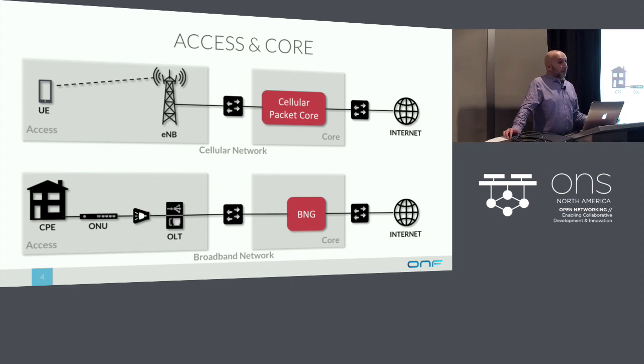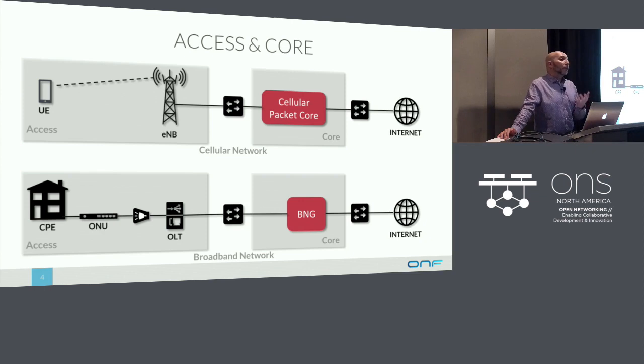So that provides authentication, session management, mobility management, etc. So for the broadband side, the equivalent of that would be, if you are providing access to homes using a PON network, you would have a CPE at home, which takes you to an ONU, and then the fiber line would get terminated at OLT. So that forms the access equivalent for the broadband.